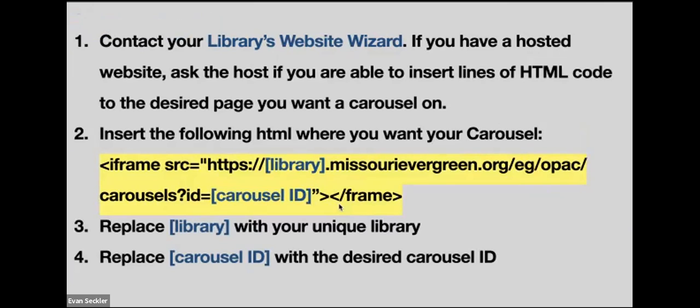But the first step is to contact your library's website wizard. If you have a hosted website, speak with them, and then you'll want to insert the following HTML wherever you want your carousel.